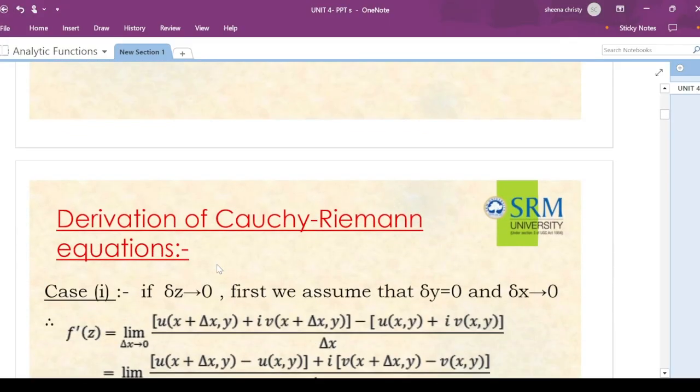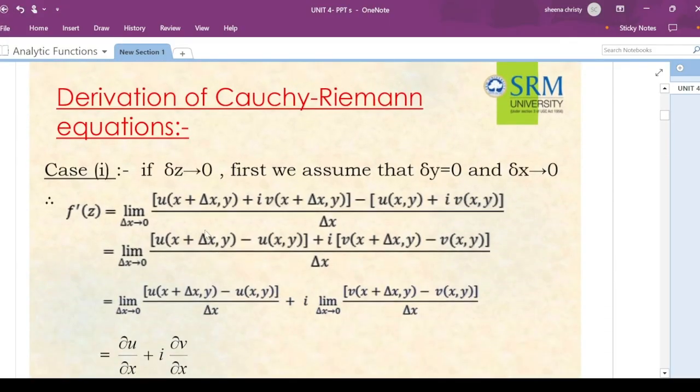Case 1: if del z tends to 0, that means you have to assume that del y equal to 0 and del x tends to 0. So by assuming in that manner, you are getting limit del x tends to 0 of u of x plus del x comma y plus i into v of x plus del x comma y, minus u of x comma y plus i into v of x comma y, by del x.